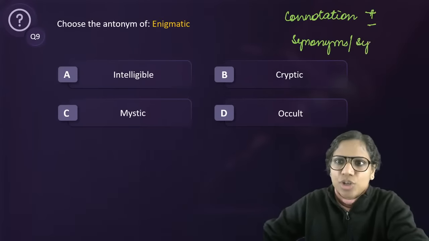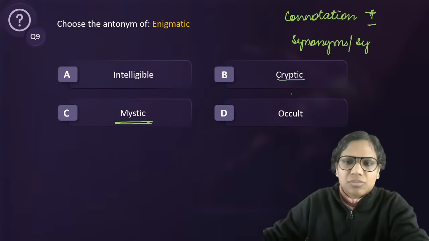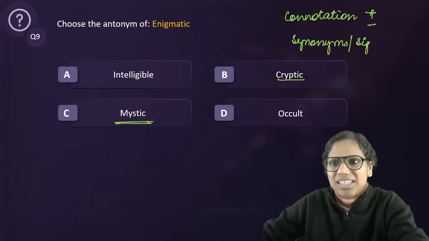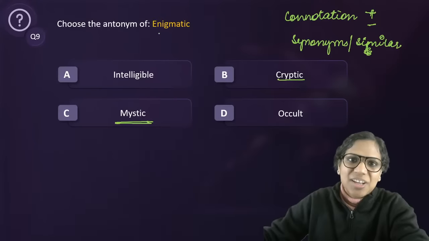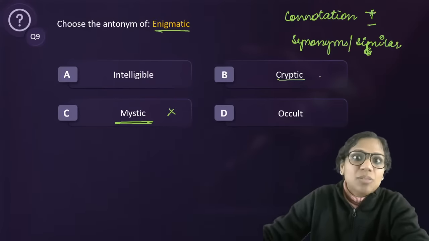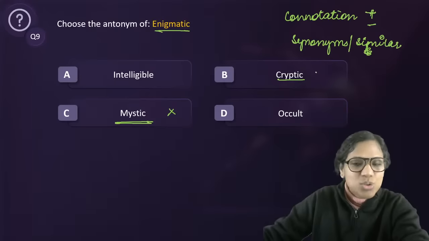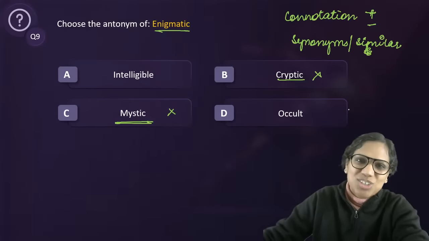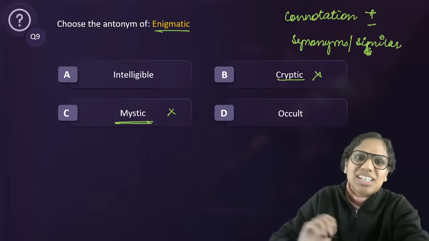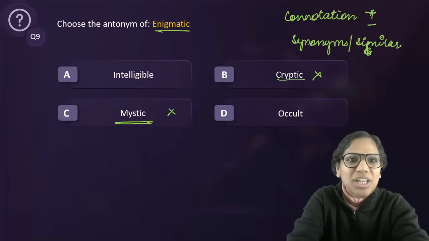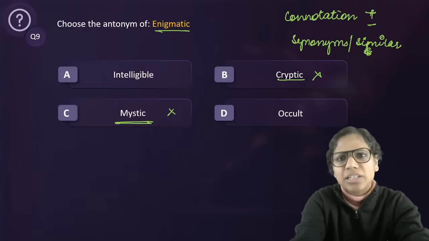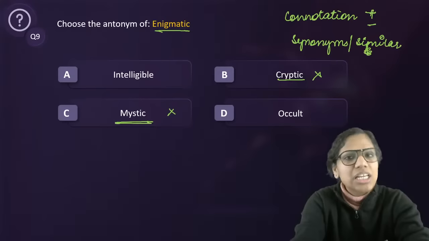For instance, see, cryptic and mystic. You realize, but it's similar, isn't it? So probably neither of them is the answer. So enigmatic, enigma, mystery, mystic associated with mystery, cryptic associated with mystery. Antonym देना मुझे, intelligible or occult में से, you tell me. Intelligible, something that you can understand, right? Something that you can comprehend is intelligible. Something that's not cryptic for you is intelligible.